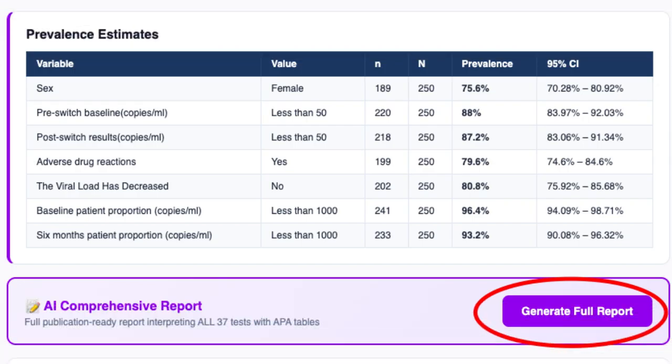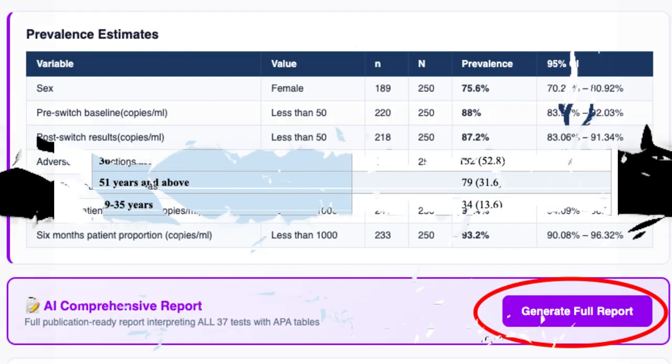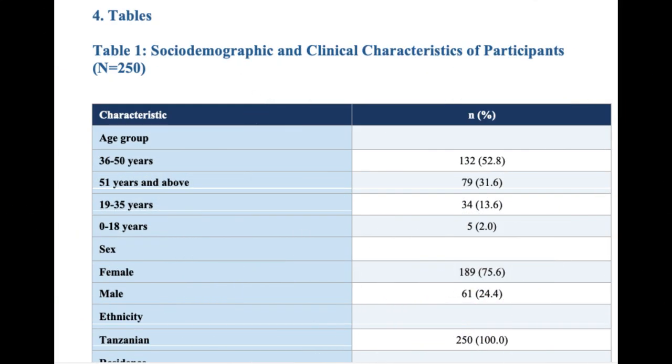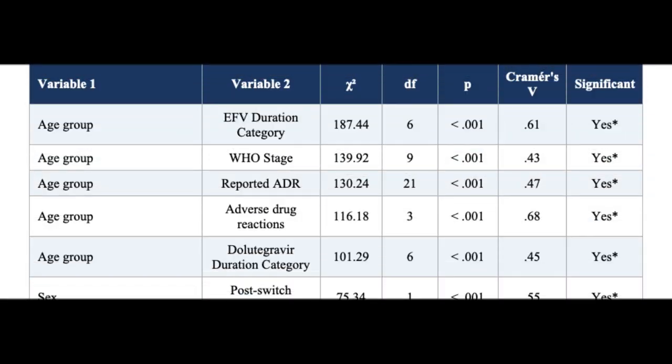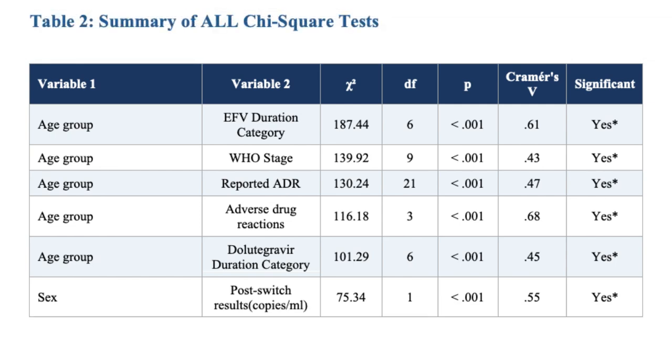The results display in real time with publication-ready APA formatted tables. Table 1 shows sociodemographic and clinical characteristics. Table 2 is a summary of all chi-square tests, with chi-square values, degrees of freedom, p-values, and Cramér's V effect sizes, ready to paste directly into your manuscript.